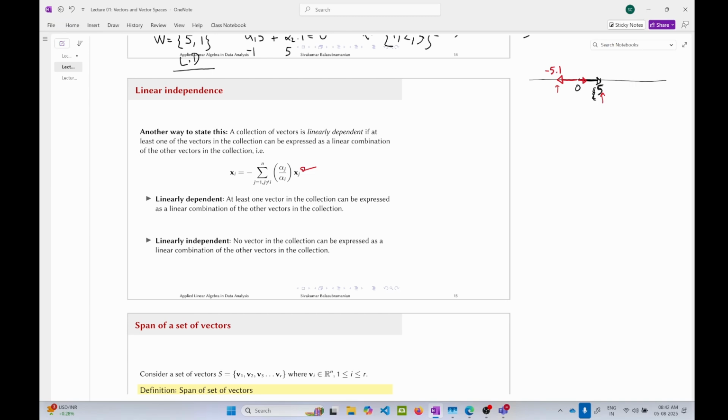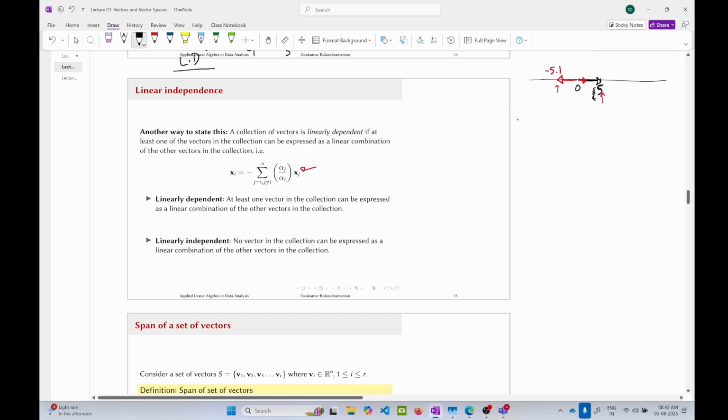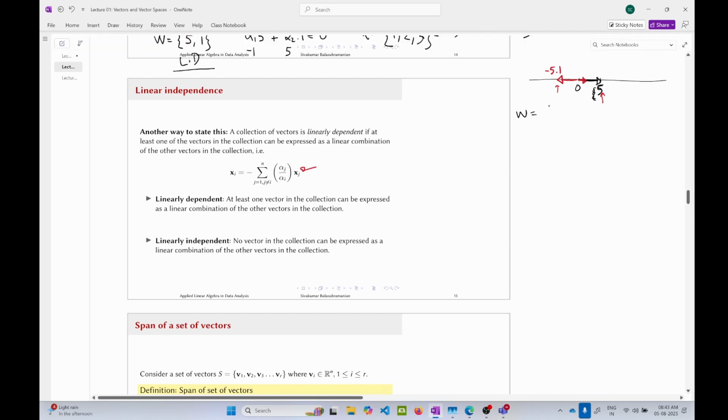And more specifically, what this means is whenever you have a linearly dependent set, there is at least one vector that you can express as a linear combination of the other vectors. Let's take the example of the second example, 5 and 1. I know that alpha 1 times 5 plus alpha 2 times 1 is 0 for non-zero alpha 1 and alpha 2.